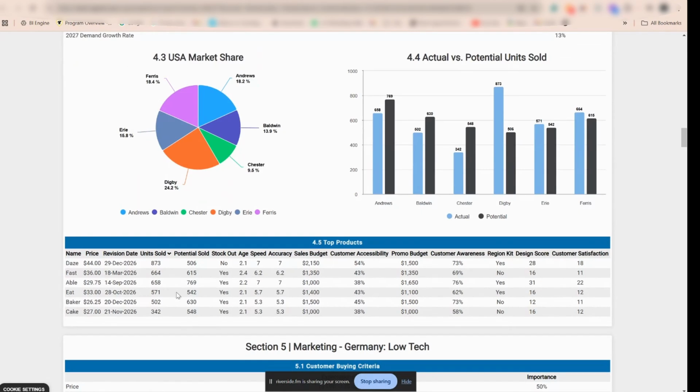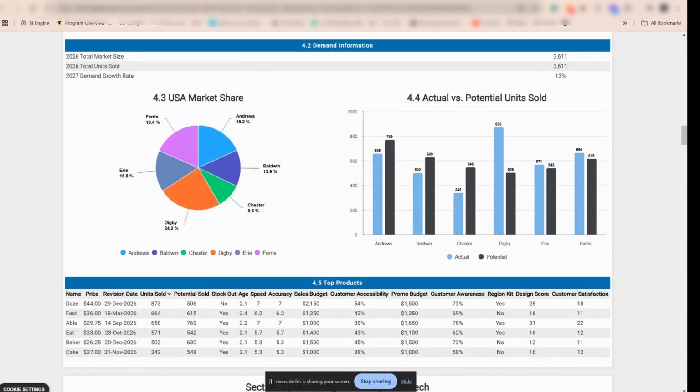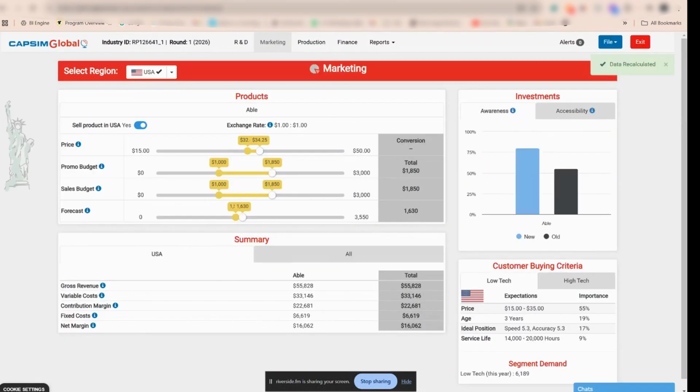So for the US market, because we increased our marketing cost and we are positioned for the low tech market, we can stretch it by maybe 10%, or maybe 20%. Not too far, but we can stretch it, because we've increased our promo budget and sales budget. So that's why we're doing that.